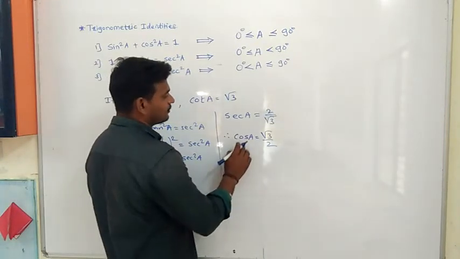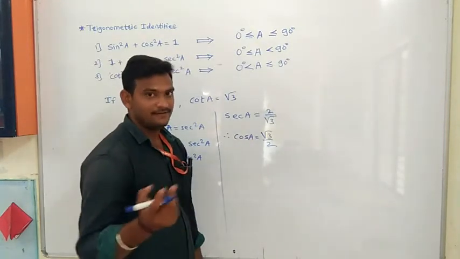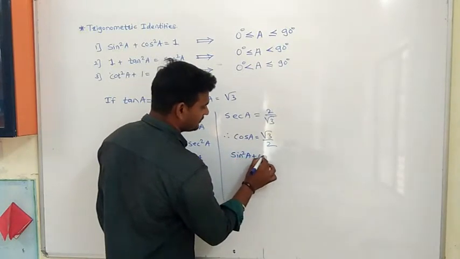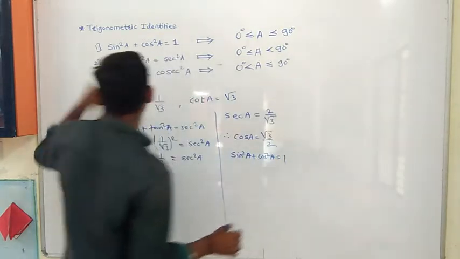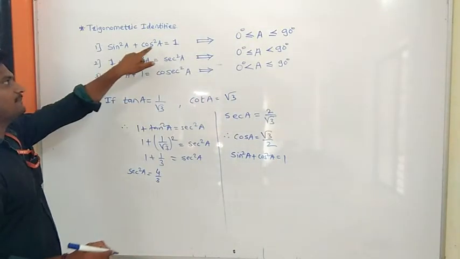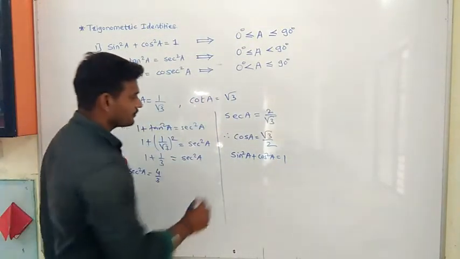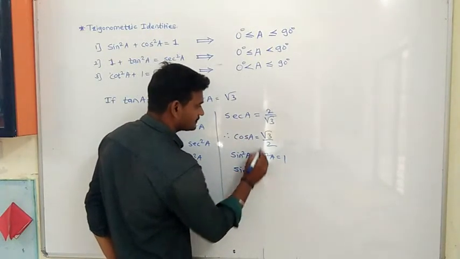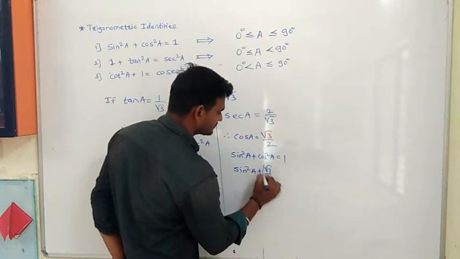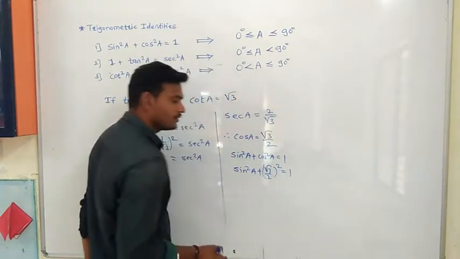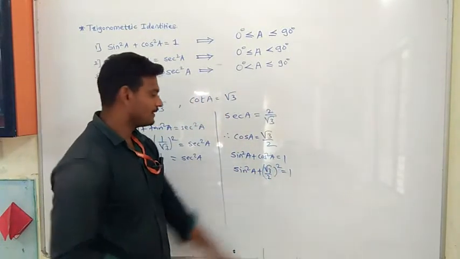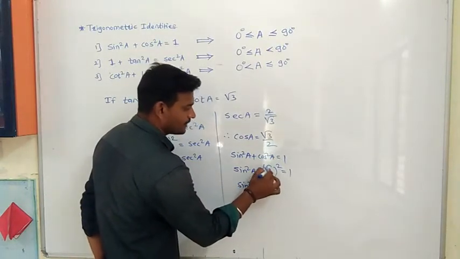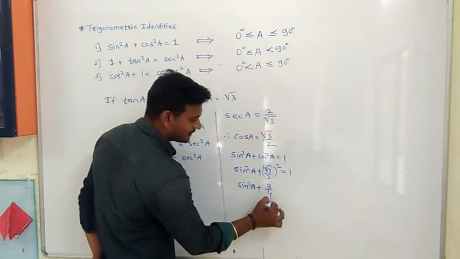And if we got cos A, then can we find the sine value? We know the trigonometric identity, sine square A plus cos square A is equal to 1. Put the cos value here: root 3 by 2 bracket square, which is 3 by 4.